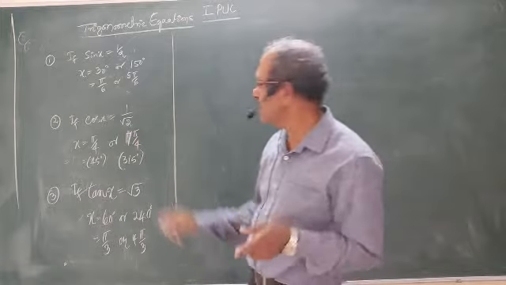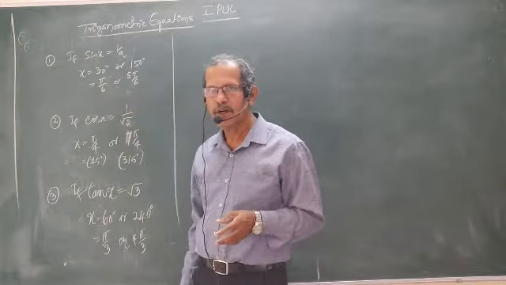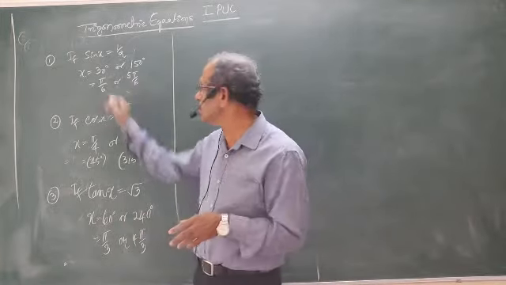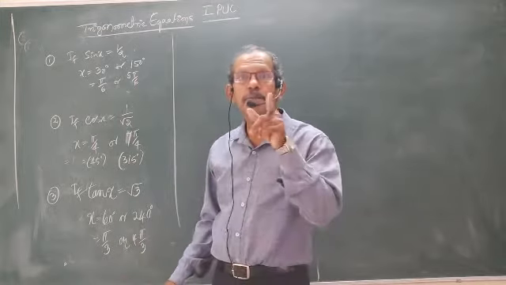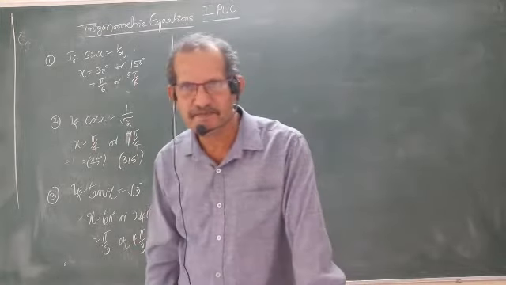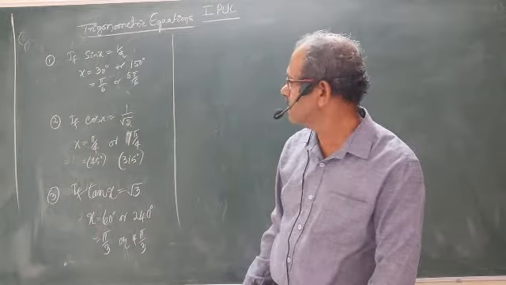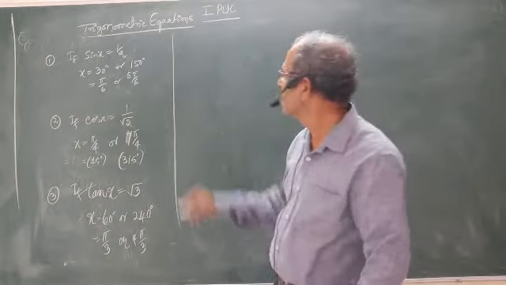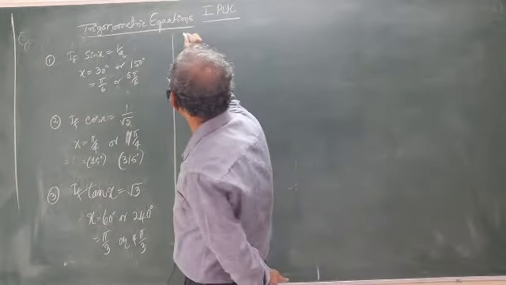Now you are writing two answers, no? From 0 to 360 there are two answers. They are called principal solutions. Let me write that.